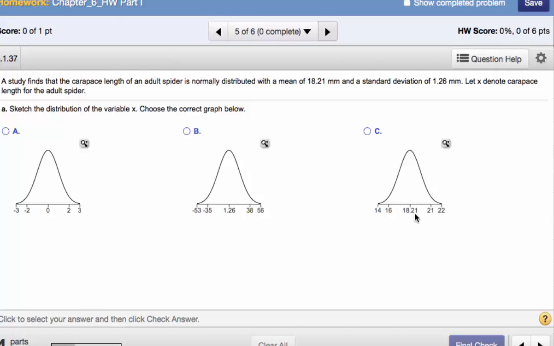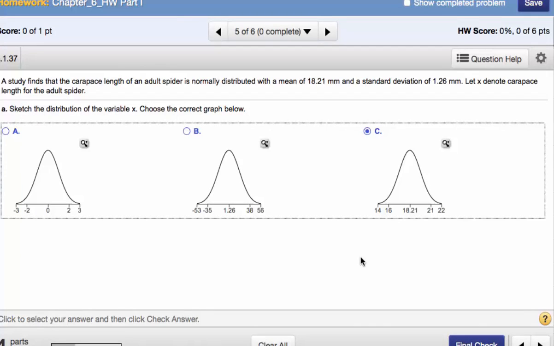So at 18.21 millimeters, most of the spiders have that carapace length, and that's why the curve is the highest. Then you get out to 21 and 22, you have a few, down to 16, 15, 14, a few. But most of those spiders are going to have a carapace length of around 18, and that's what the curve is showing. Make sense?